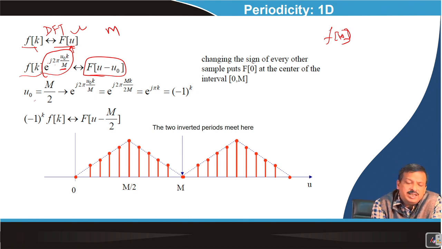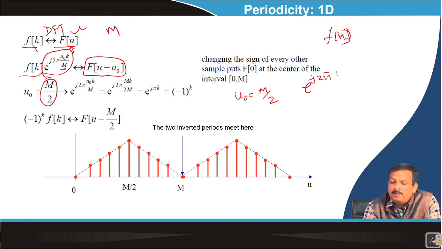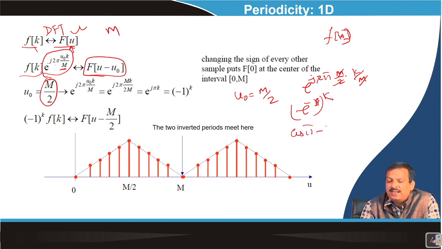Now if u0 is equal to m by 2, then e to the power j 2 pi (m by 2) into k by m is nothing but e to the power j pi k. What is e to the power j pi? Cos pi minus j sin pi.